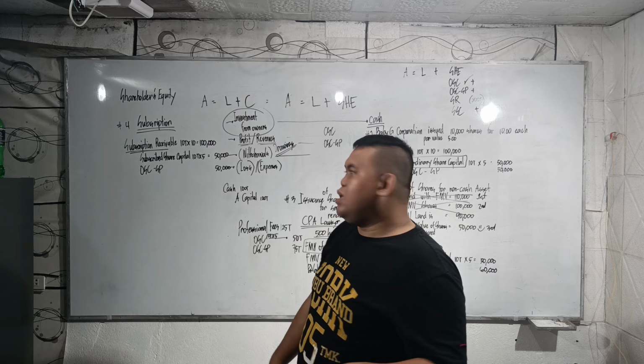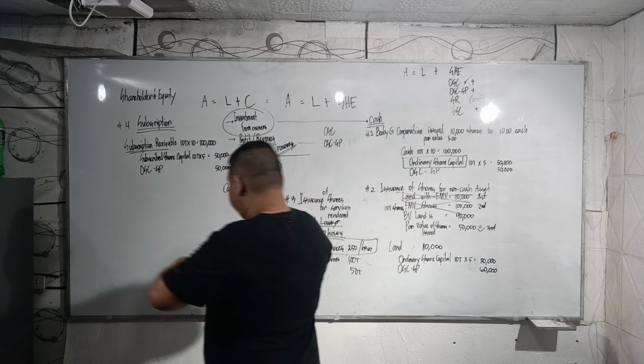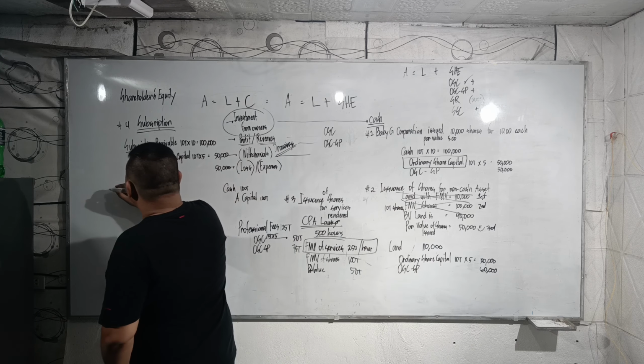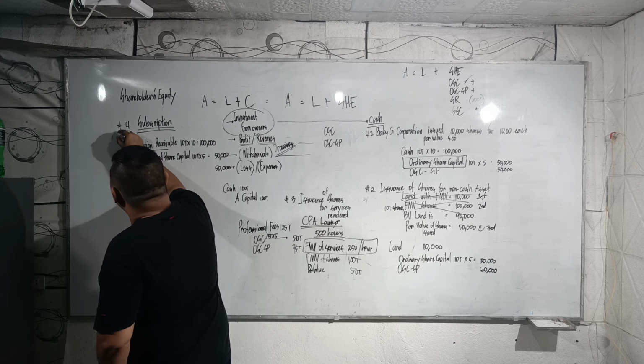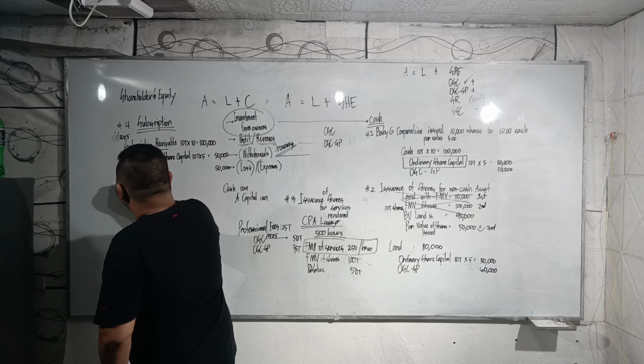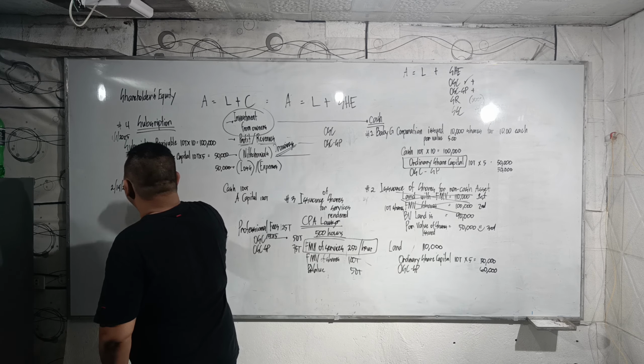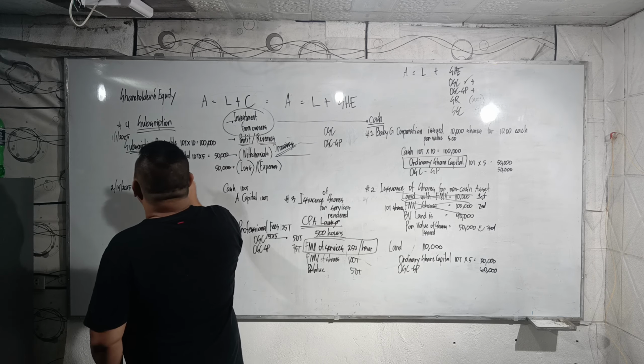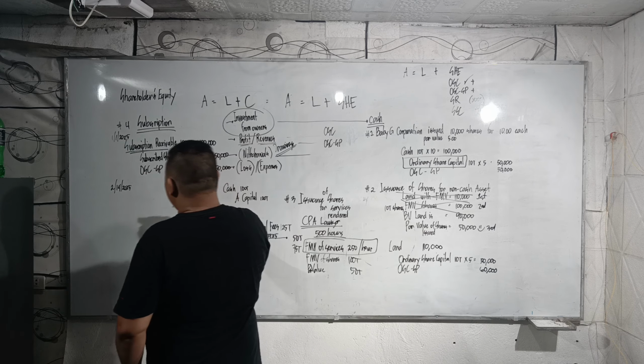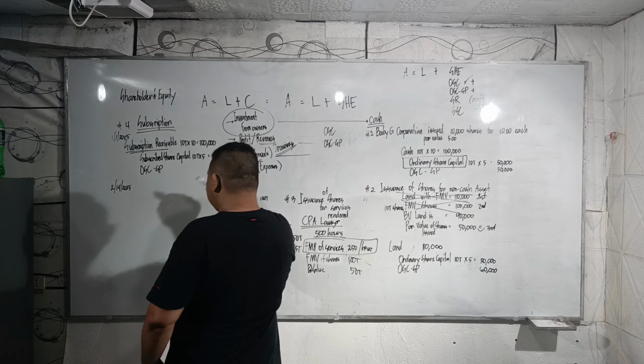Okay? Now, for example, at the date 2/14/20x5, Mr. A paid for 70% of the subscription receivable.